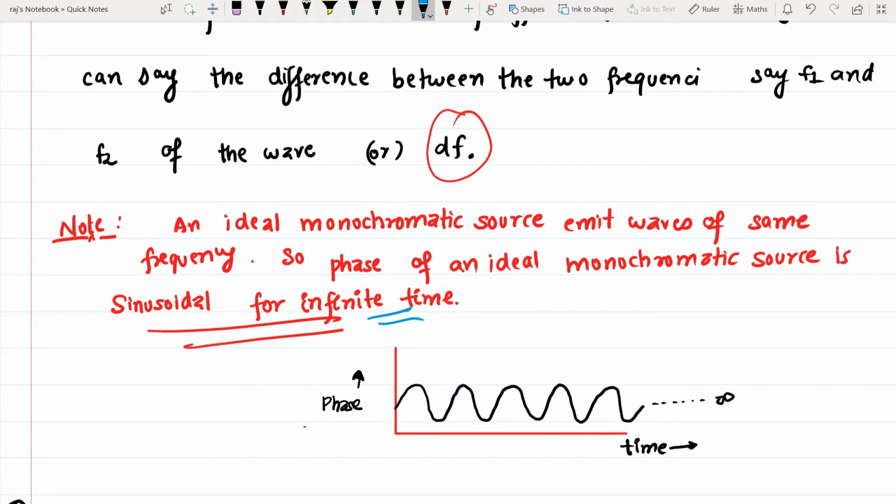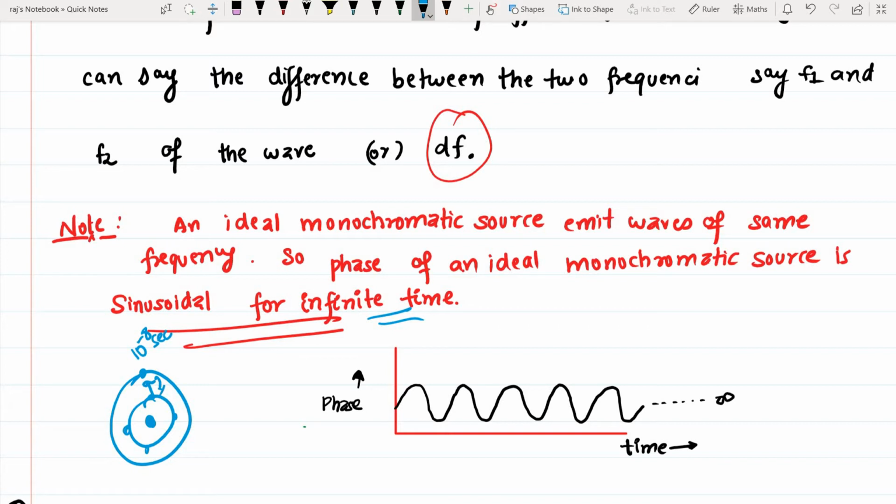But in reality, can we have an ideal monochromatic source? No, because, as you already know, an atom has a nucleus with electrons surrounding it. Whenever an electron is excited to a higher energy level, it remains there only for 10 power minus 8 seconds, and then it jumps back to its lower energy level.